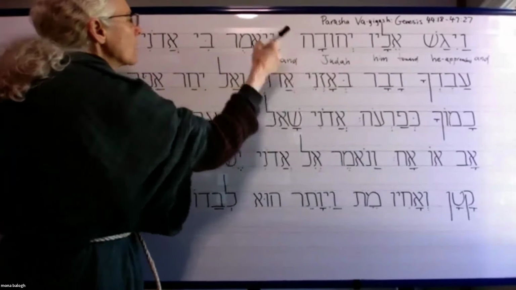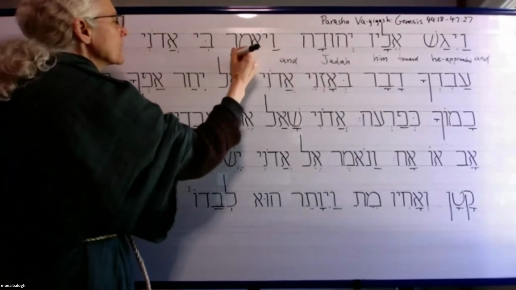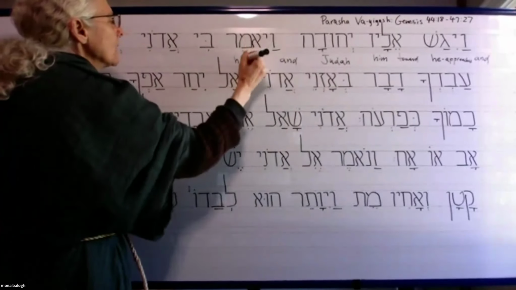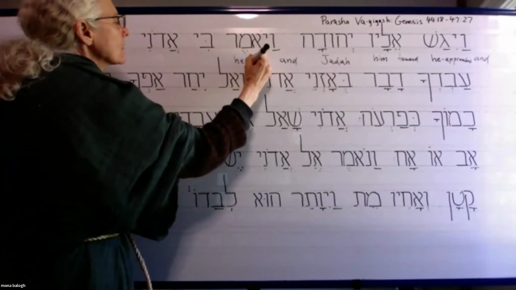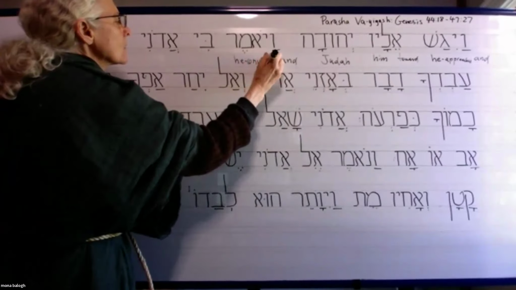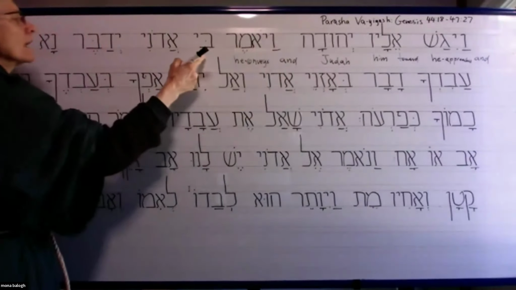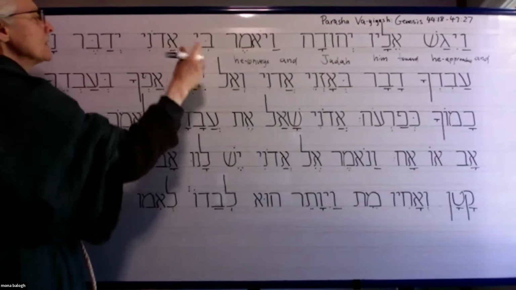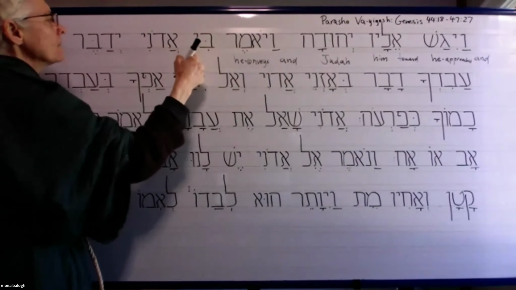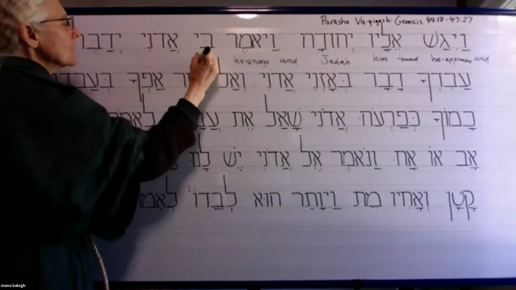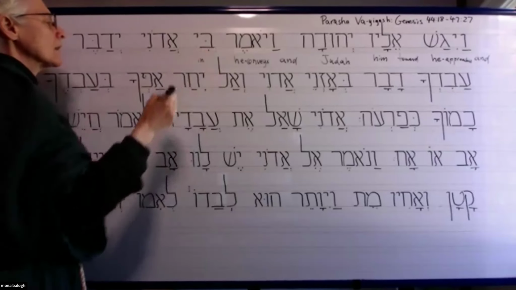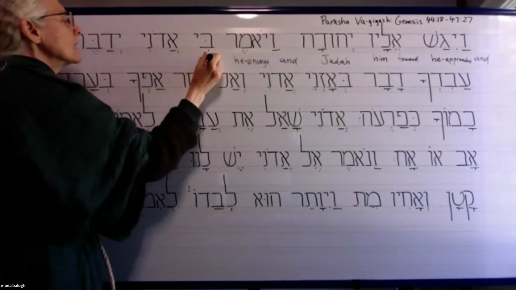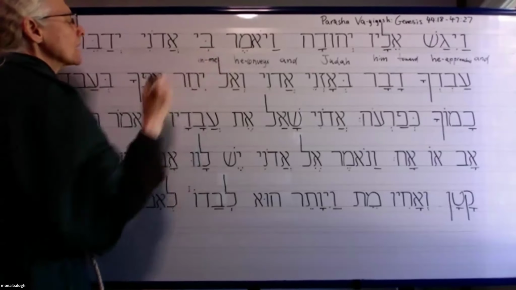Vayomer. And amar is convey, and this is broad present, masculine, and he conveys. Judah does. Bi, so beit is in, and the yud is me, in me. So this is an expression, a colloquialism, and in me. You'll hear this in dialogue frequently.